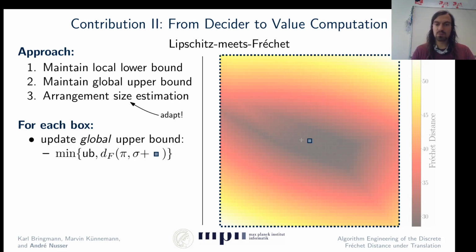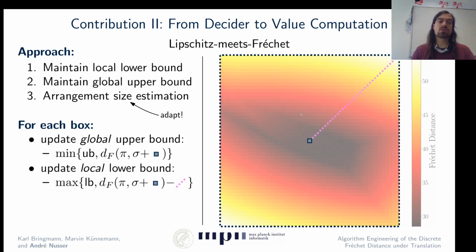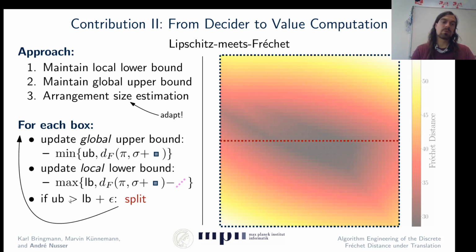Now for each box here, we want to get a global upper bound. How do we get this? Well, we just again evaluate the midpoint and then we take the minimum. We want to get a local lower bound. For this, we do something similar as before in the lower bound. So we evaluate it and we subtract the diagonal here, and this gives us a lower bound on all the distances in the box. And now if the upper bound is still too far away from the lower bound plus epsilon, then we have to split and search further.